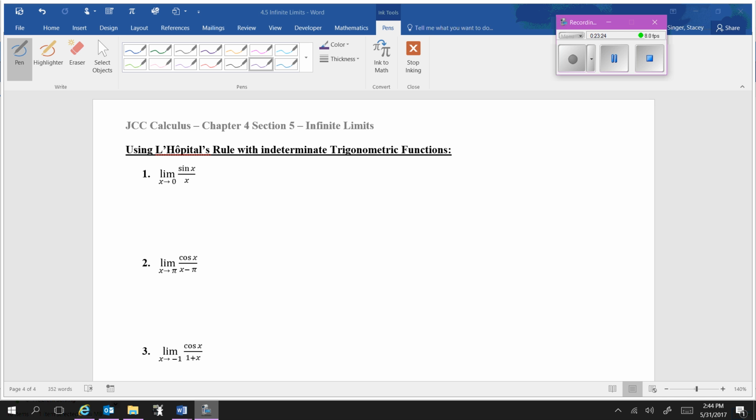So if I had the limit of sine of x divided by x as x approaches 0, I take my derivative of sine, which is cosine, and the derivative of x is 1. So now I can plug in, because I don't have 0 in my denominator anymore. So cosine of 0 is 1.